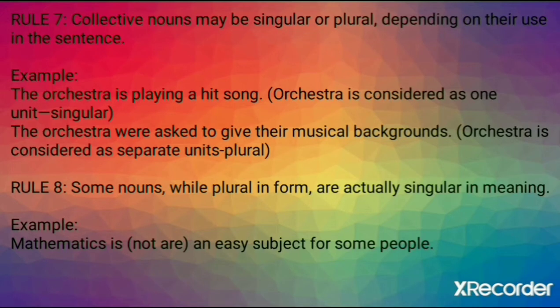Mathematics is an easy subject for some people. Here, mathematics is the subject and "is" is the verb. So, mathematics is a singular subject. It is the name of a subject. Even though the word might sound plural, it is not a plural subject.